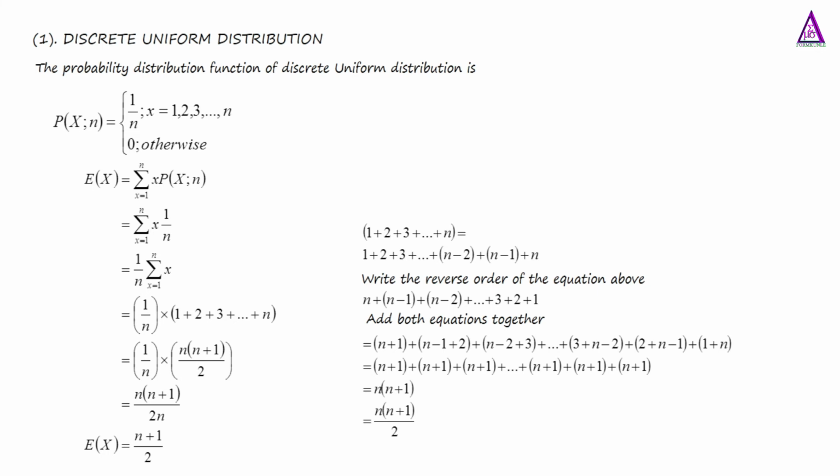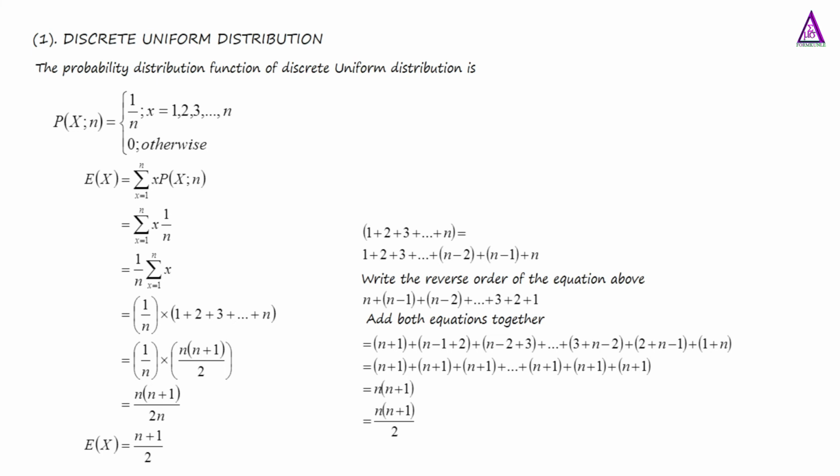Now write n(n plus 1). That is to say, n outside represents the nth time of n plus 1. We added two equations together to get n(n plus 1). That's the reason why we divide it by 2.